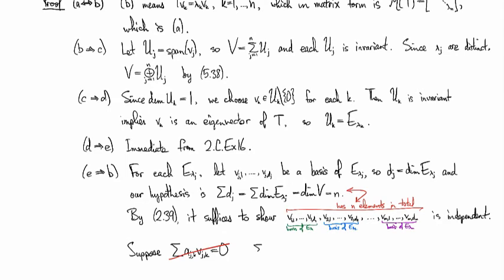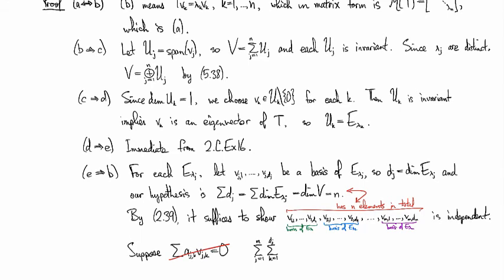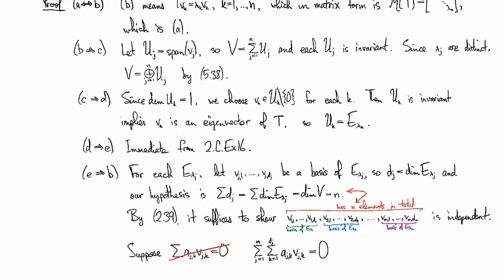So we'll sum through the spaces j from 1 to m, the different eigenspaces. Within each space, we'll look at the sum k equals 1 through dj of AJK VJK. Okay, that's slightly prettier. So suppose we have a dependence relation like so.